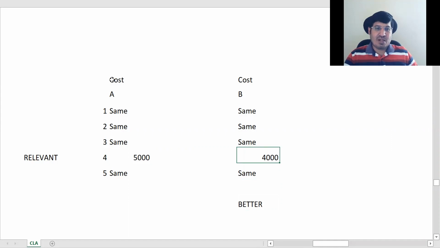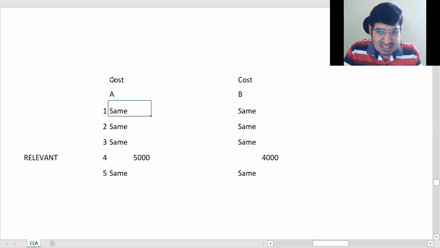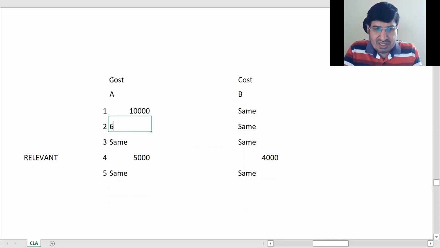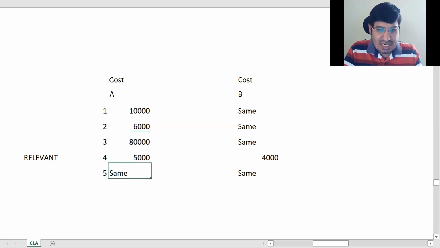ओके. राइट. सो इफ आई जस्ट इवन लाइक टू जस्ट एक्सप्लेन यू, अगर मैं कोई फिगर्स पे डाल देता हूँ उसमें. ठीक है. If I just say 10,000, 6,000, 80,000 and 20,000. Okay.